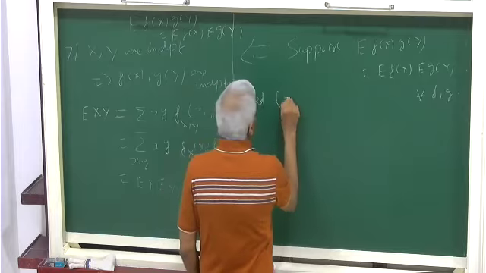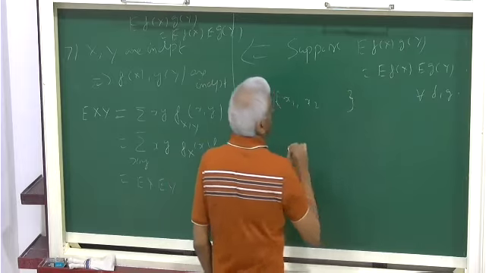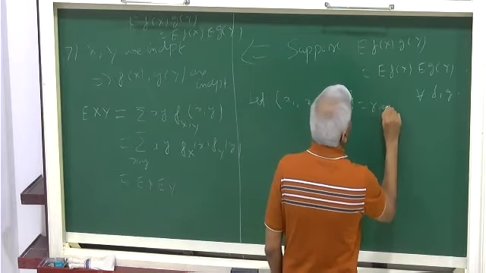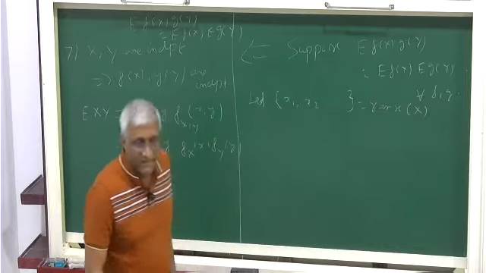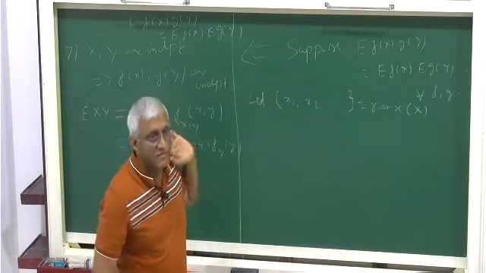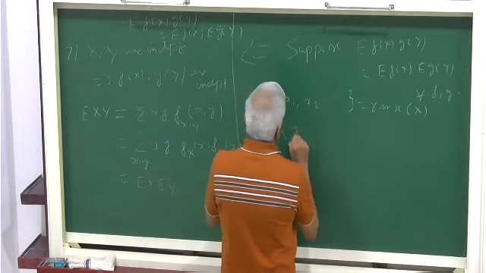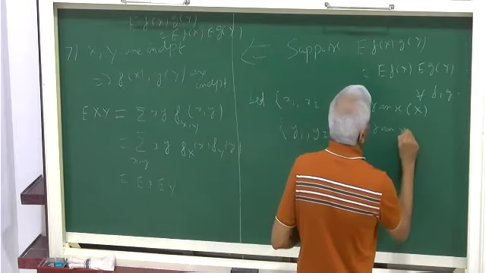Let x1, x2, and so on be the range of x. Range of x means the points where the density function is strictly positive. Similarly, y1, y2, and so on is the range of y.